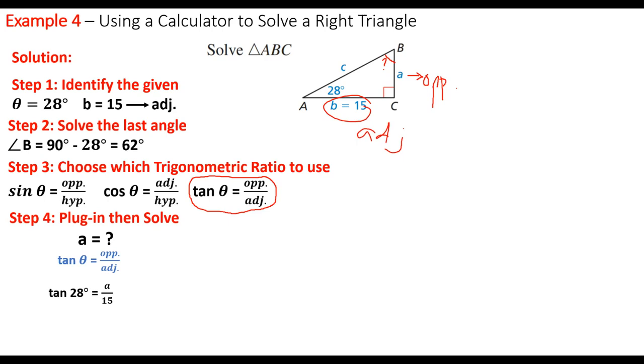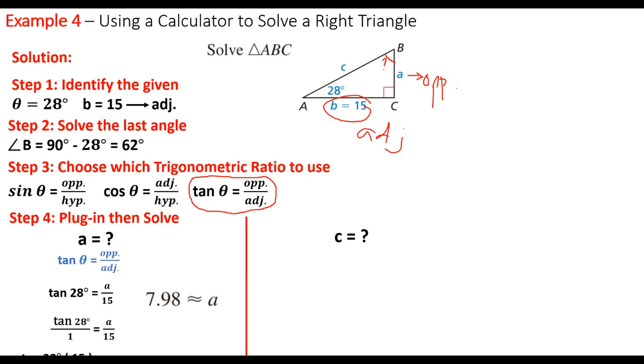Theta is 28, opposite is A, which is the missing one, and your 15 is your adjacent. Do your simple math, express the left side as a ratio, so that will be over 1. We do cross multiplication, so that will be tan 28 degrees times 15 is equivalent to 1 times A, which is A. Plug that in your calculator. Tan 28 degrees times 15 will give you a value of roughly 7.98, meaning that is the length of your opposite side.